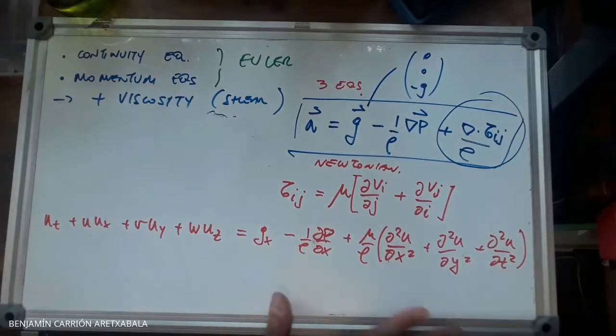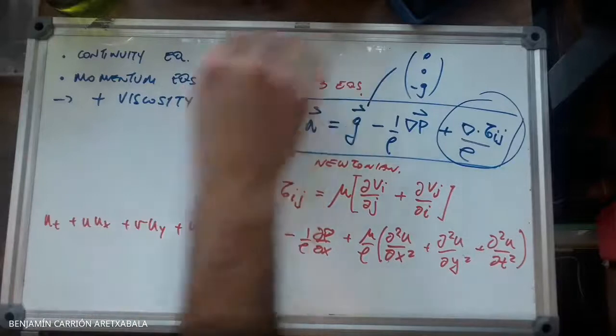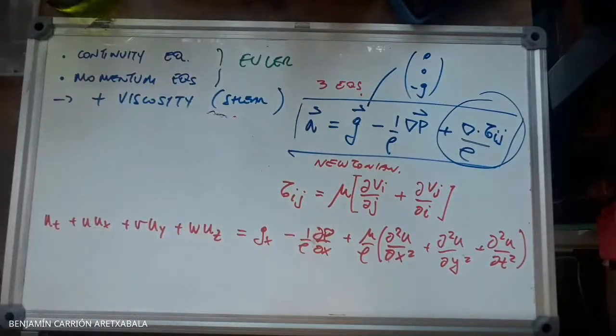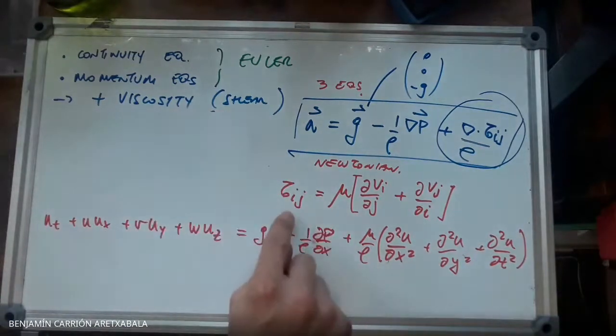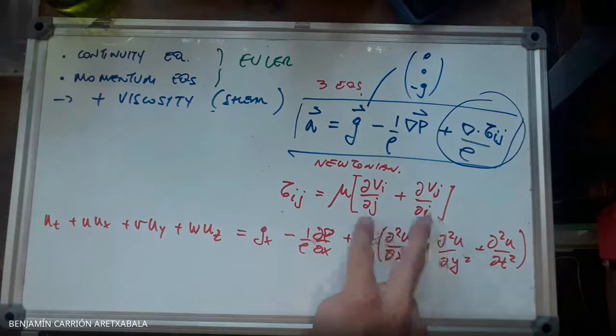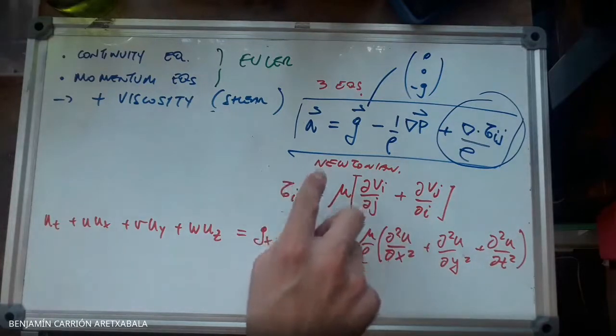So what steps did we use in order to use the continuity equation? We need this to be an incompressible fluid. In order to replace the shear stresses with the gradients in velocity, we need this to be Newtonian.